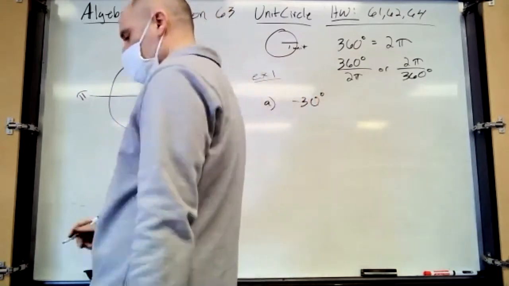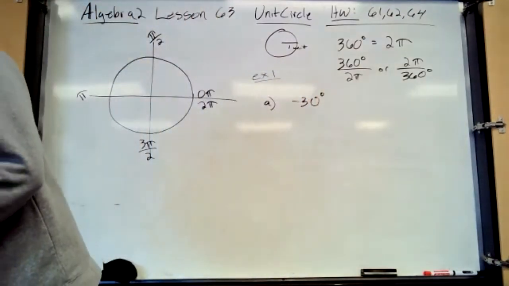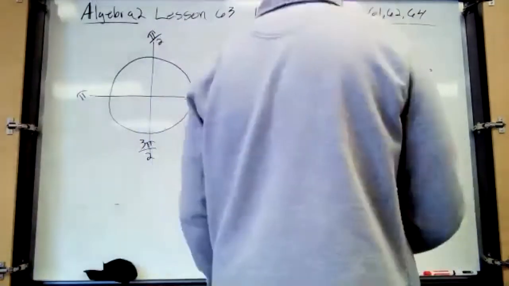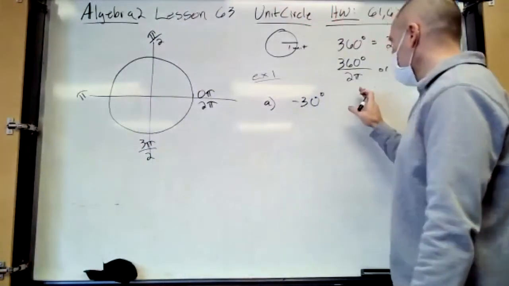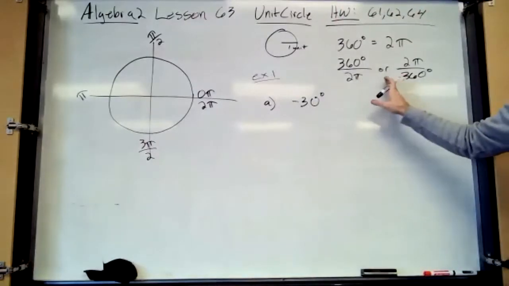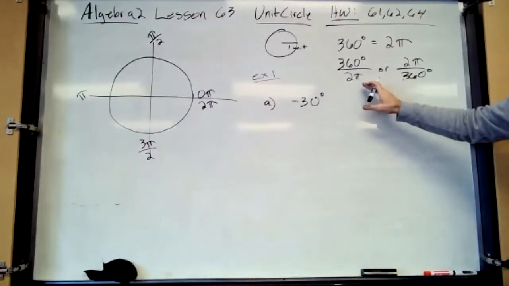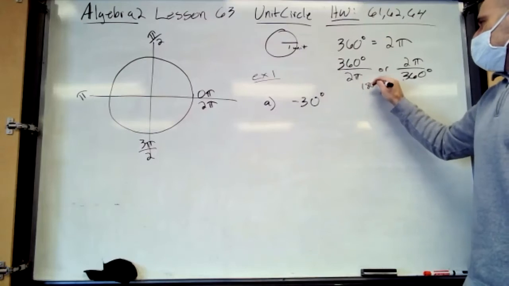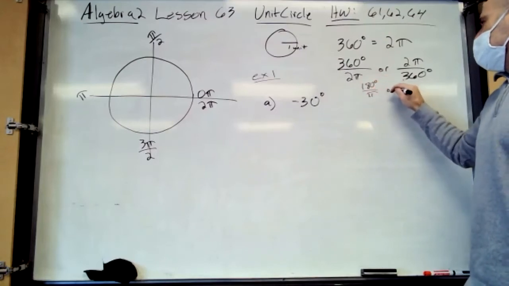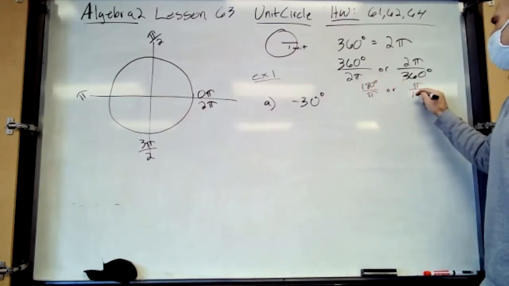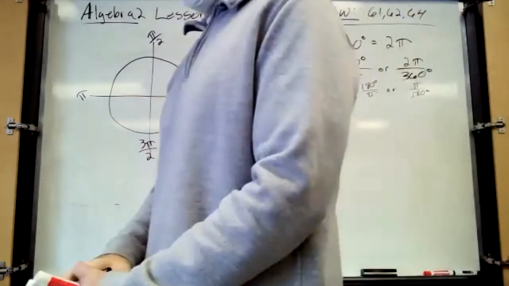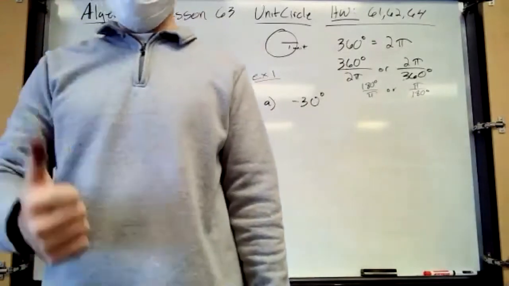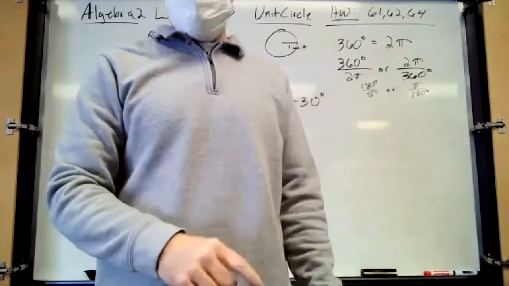So if I want to convert negative 30 to radians, all I have to do is multiply by one of these unit multipliers. Now you could reduce these. You see how they reduce? You could say 180 degrees over pi, or pi over 180 degrees. You don't have to use unit multipliers. If you can just remember that pi is 180 degrees, you're fine, okay?